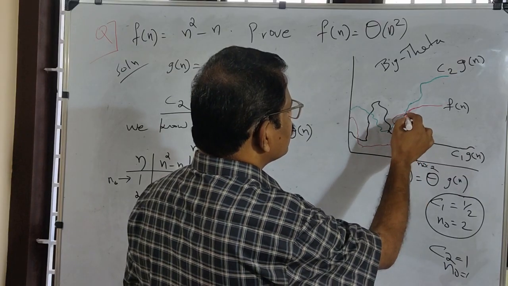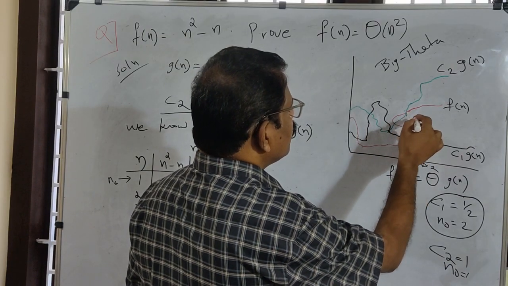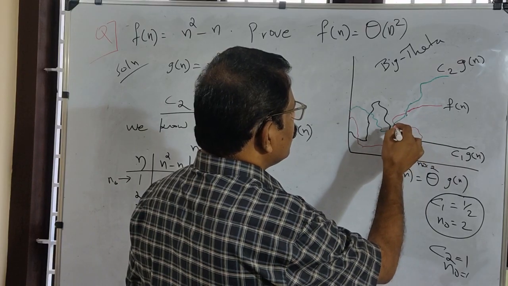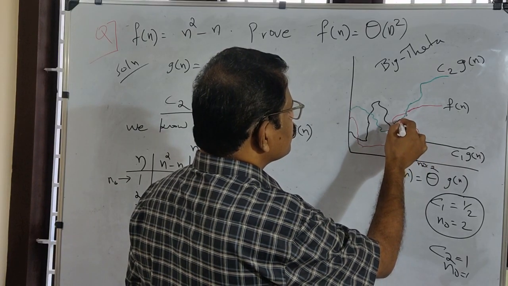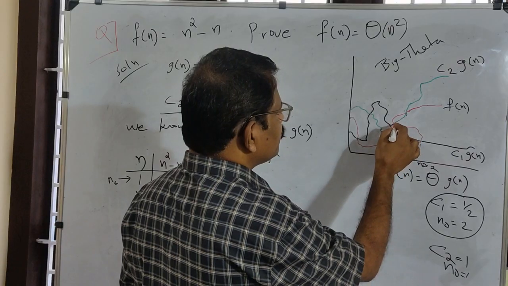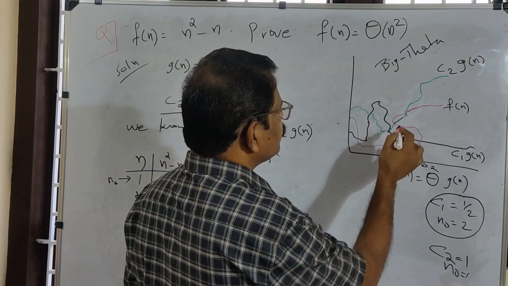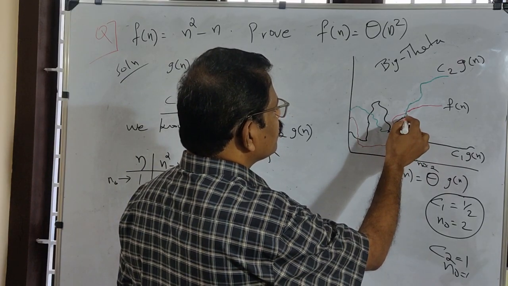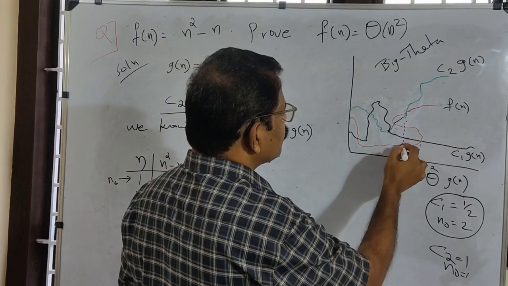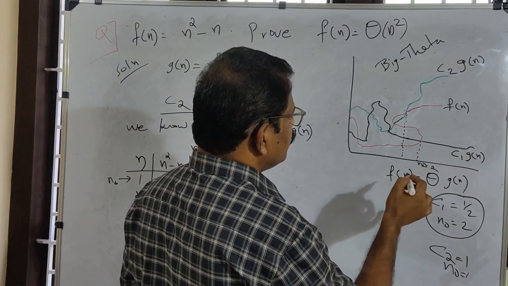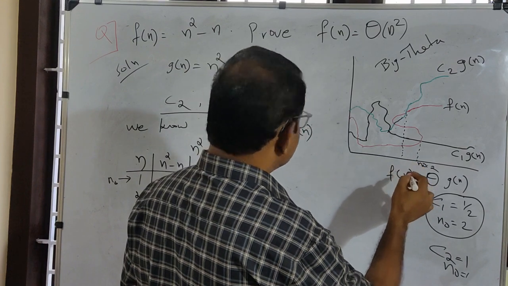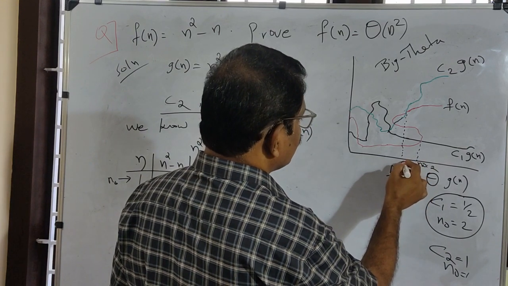Okay, let's take this one because after this point, this c2 into g of n is less than f of n because it goes this way or below this f of n. So this will be our n0 in this case. It is 1.